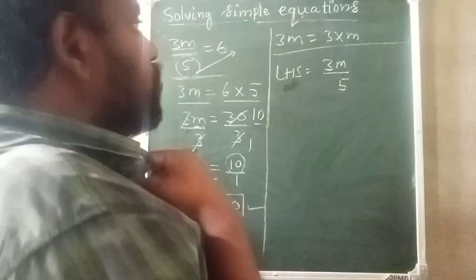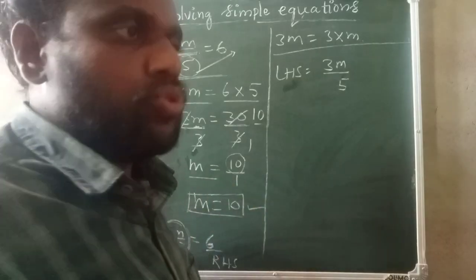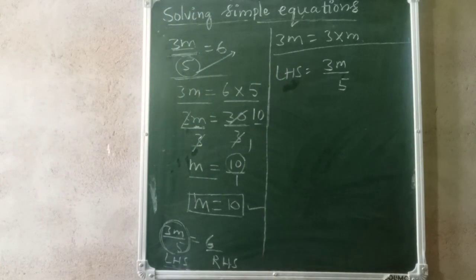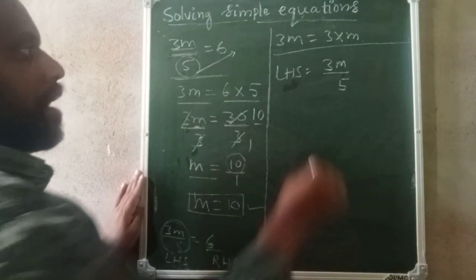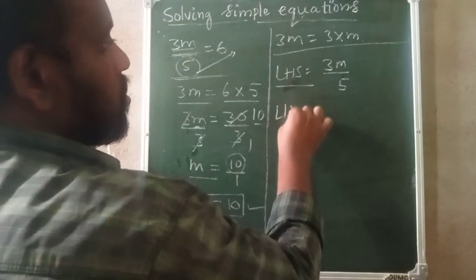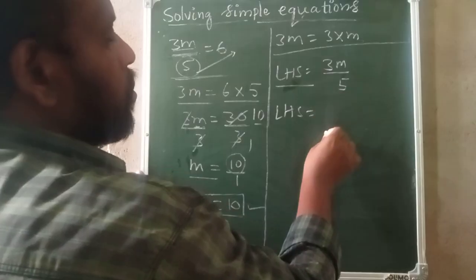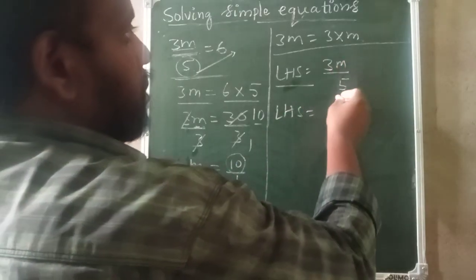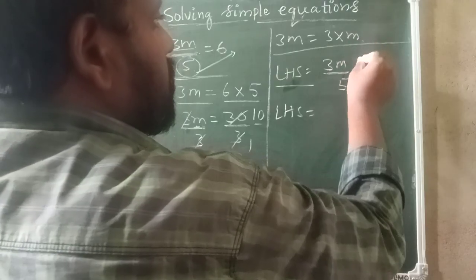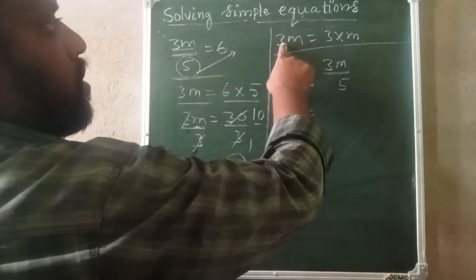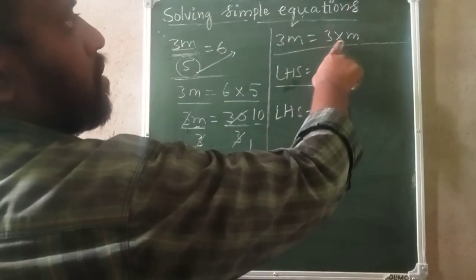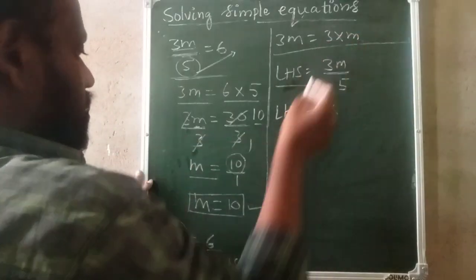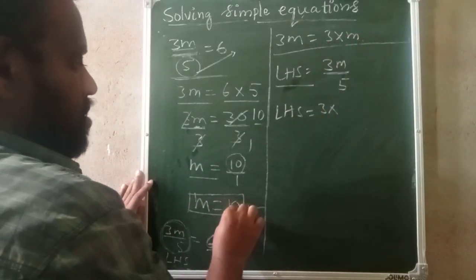So in the next step, we have to substitute the value for m. Okay, so before substituting, write this LHS is equal to, okay, 3m means it's like 3 into m. So here 3m is equal to 3 into m. So 3 into, in place of m, I will substitute 10 because the value of m is 10.